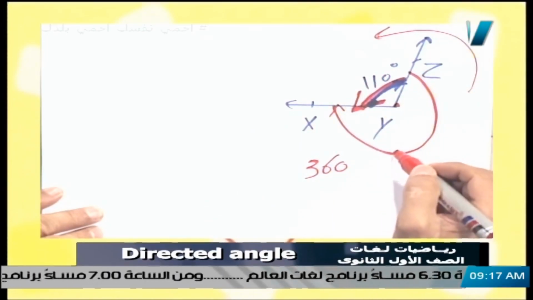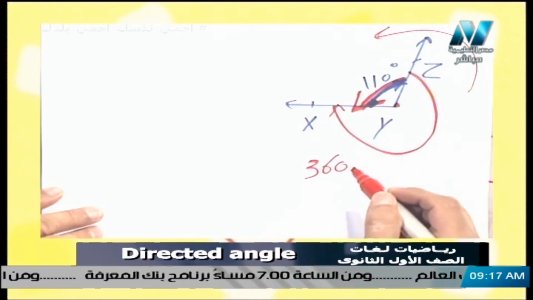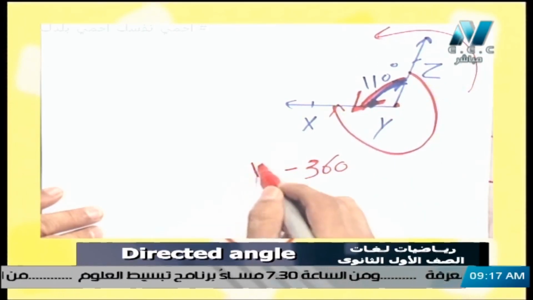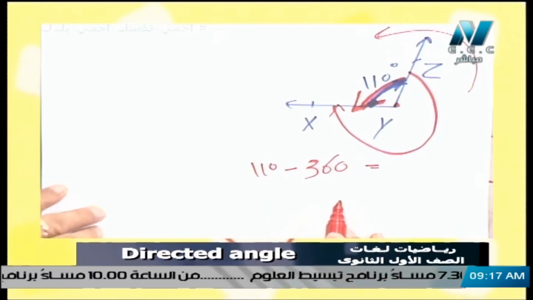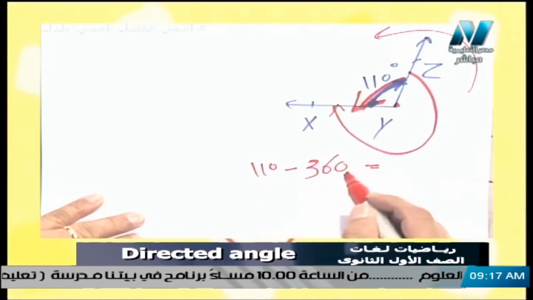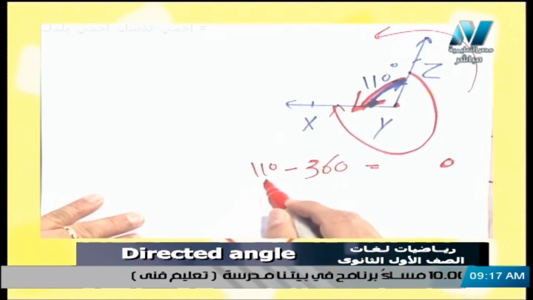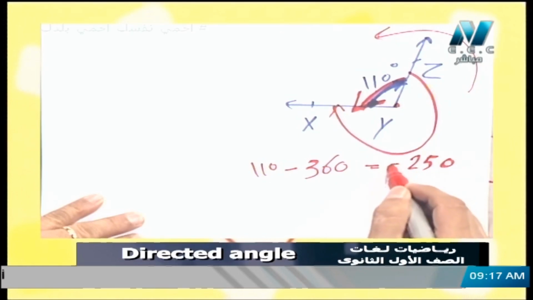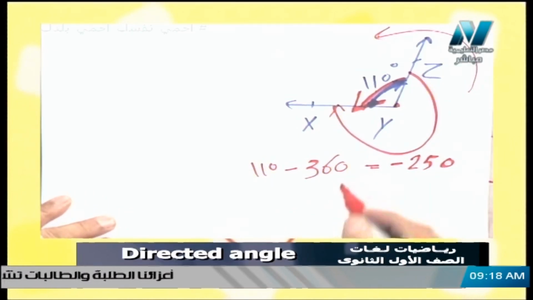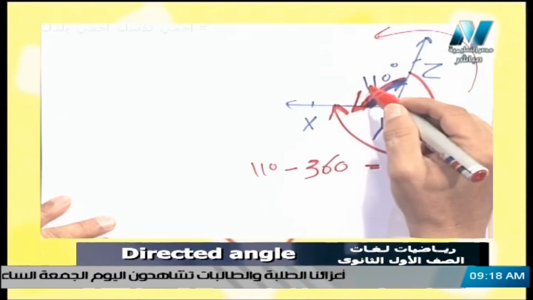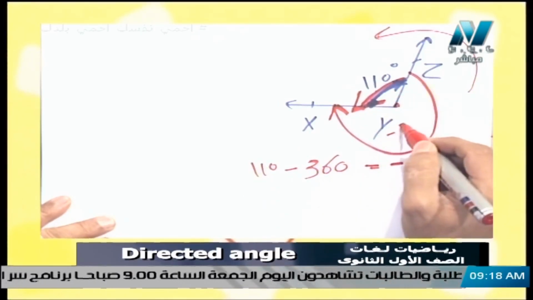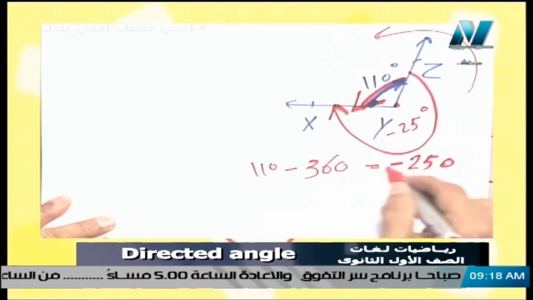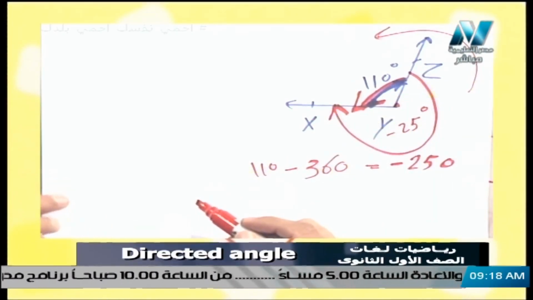So to get the negative angle of 110, we add negative 360 plus 110, by subtracting here. 0 from 0 equals 0, 1 from 6 equals 5, 1 from 3 equals 2, and the answer will be negative. So the negative angle of the angle 110 equals negative 250 degrees, because it is in the clockwise direction.